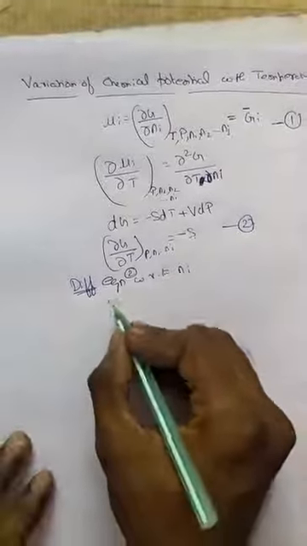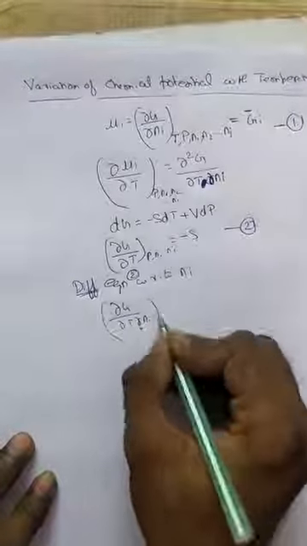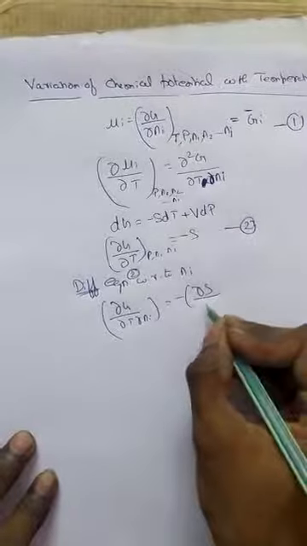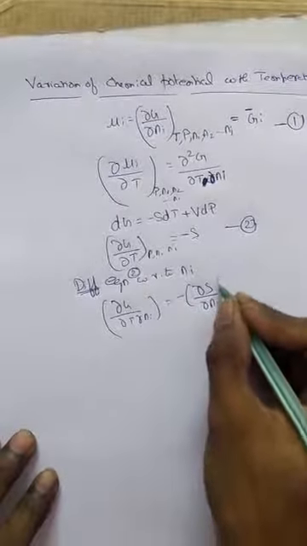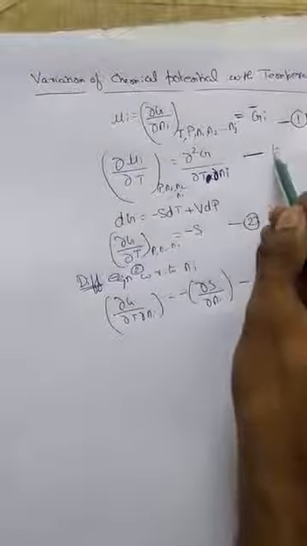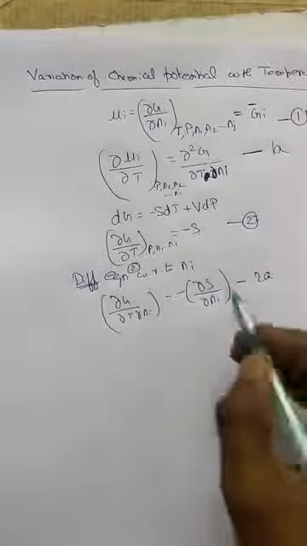I will get ∂²G/∂T∂Ni equal to minus ∂S, the change in the entropy, divided by ∂Ni. So this is the equation I will get. Let me take the earlier one as 1A and this as 2A, and compare these two.